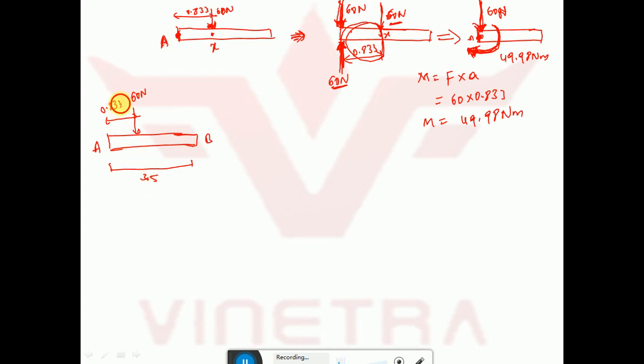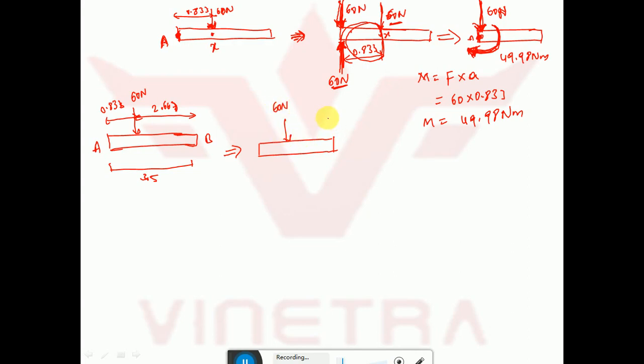If this is 0.833, if I deduct it, 3.5 minus 0.833, what is left out? The left out distance is 2.667. So the force is acting at a distance of 2.667 meters from point B. So the equivalent system of this will be a force of 60 Newton acting here.